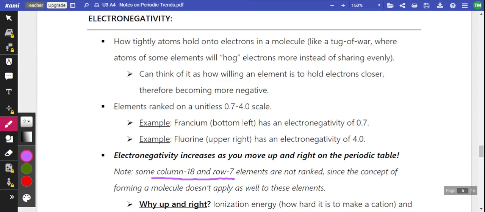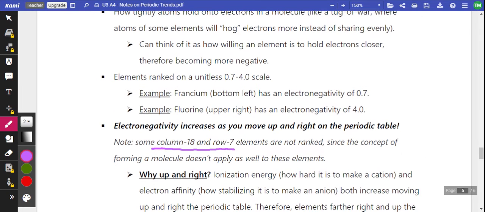It lasts a very short time, and then they just break apart into other, more stable fragments. So these synthesized elements are tougher to keep isolated and study because they break down so quickly. As a result, we can't really rank them either. So our list is a little bit more limited.